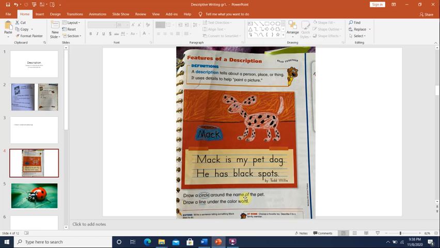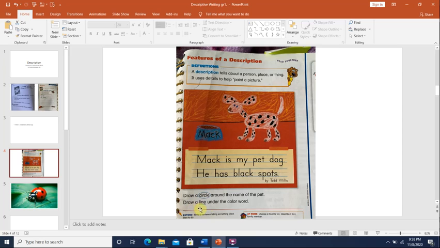Remember, when a noun has a name or a special name, it becomes a special noun, which is a proper noun. So the name of the dog is Mac. We will circle Mac because Mac is the name of the dog. And we write it with a capital letter because it's a special noun. The noun has a name, and the name of the noun is Mac.